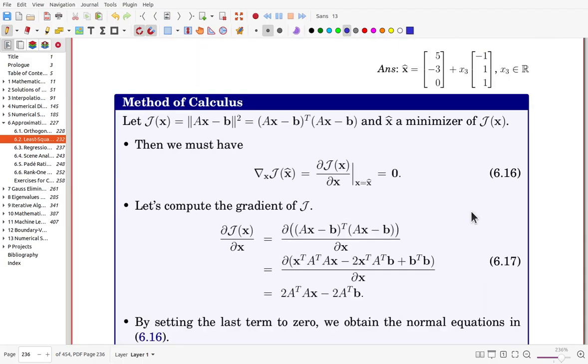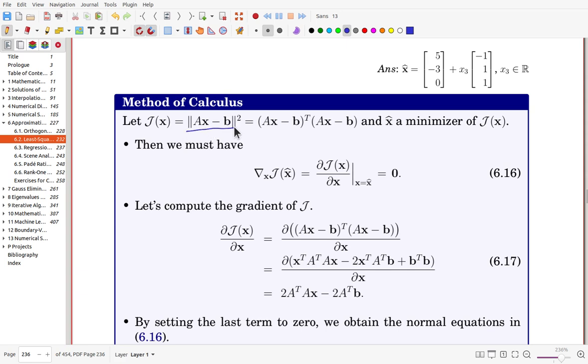For the given system AX equals B, we try to solve it through least squares formulation, so that J of x is the norm of Ax minus b, squared.